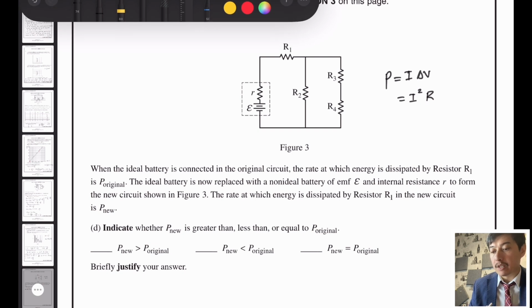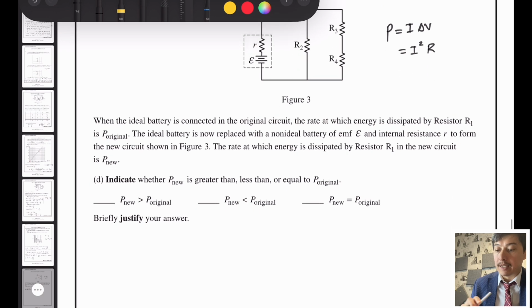And because we are increasing R equivalent, we are reducing the current on the main line, on the battery, which is also passing through R1. So because we are reducing the current, but the resistance of R1 is staying the same, power dissipated by R1 is going to be less than the original one. So the answer is this.